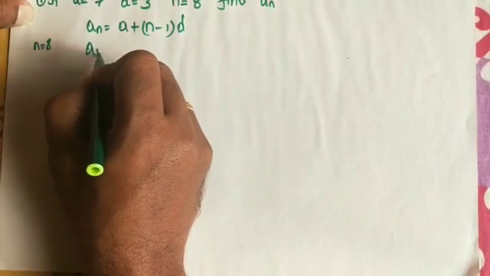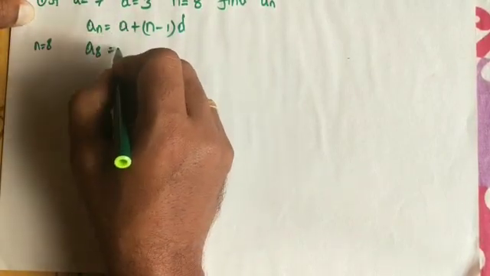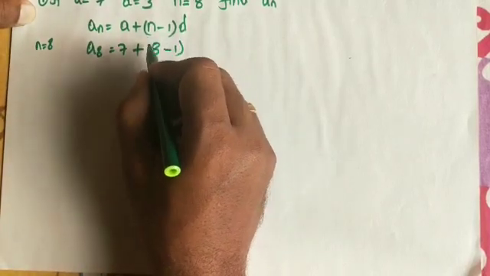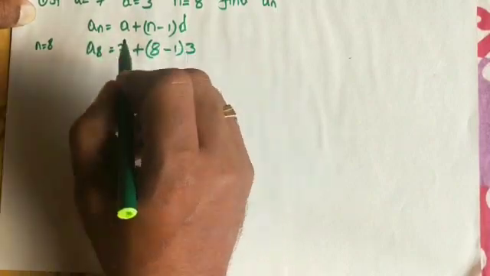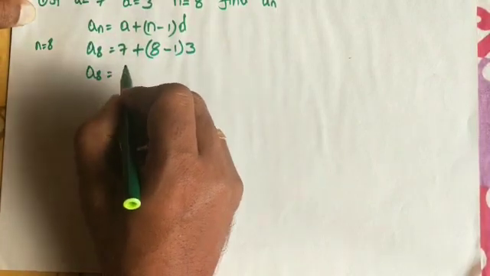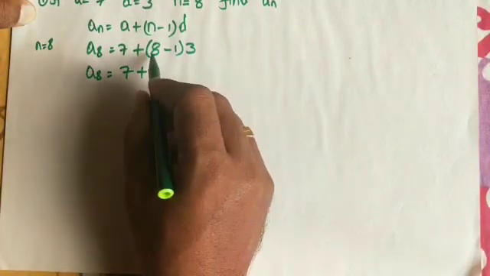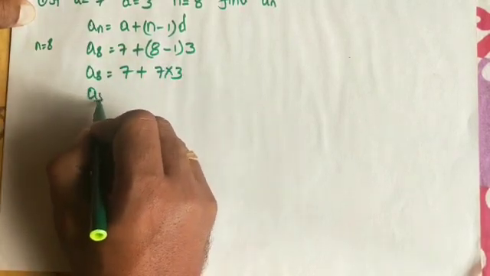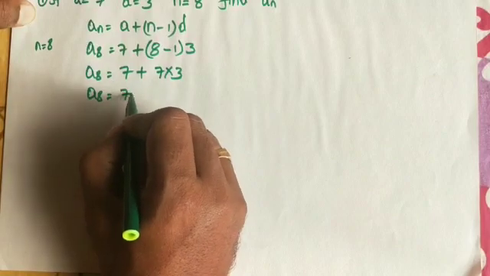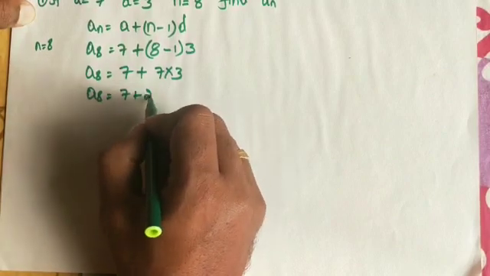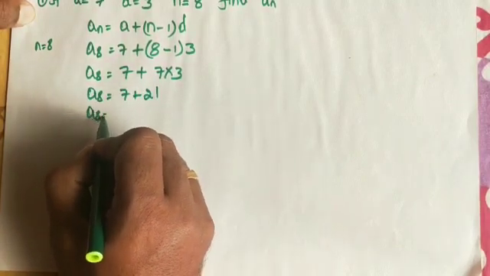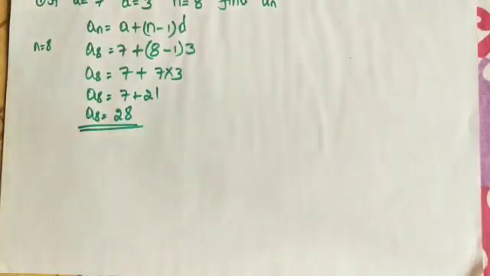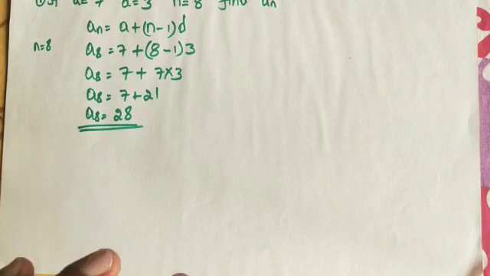So a8 is equal to 7 plus 8 minus 1, into 3. a8 is equal to 7 plus 7 into 3, so 7 plus 21. a8 is equal to 28. The eighth term of this arithmetic progression is 28.